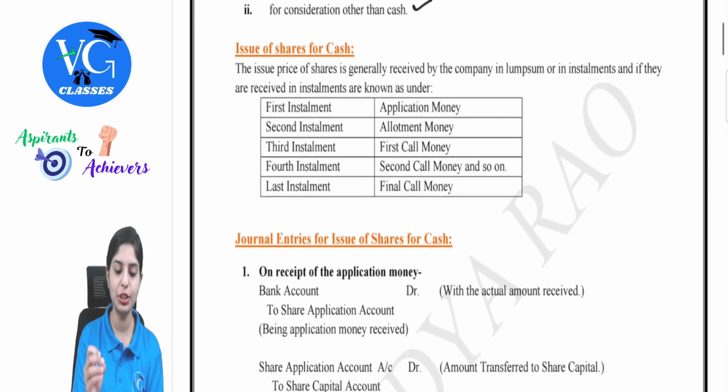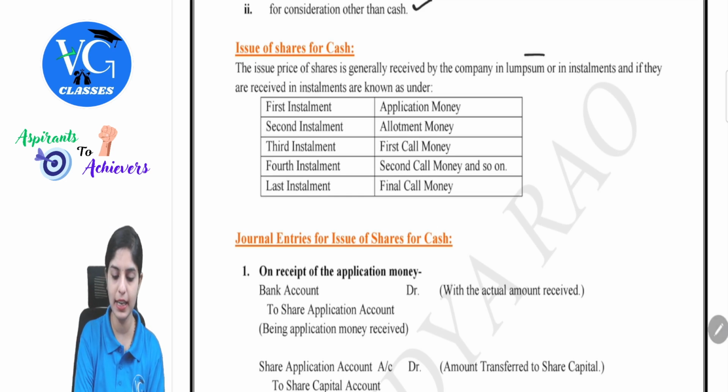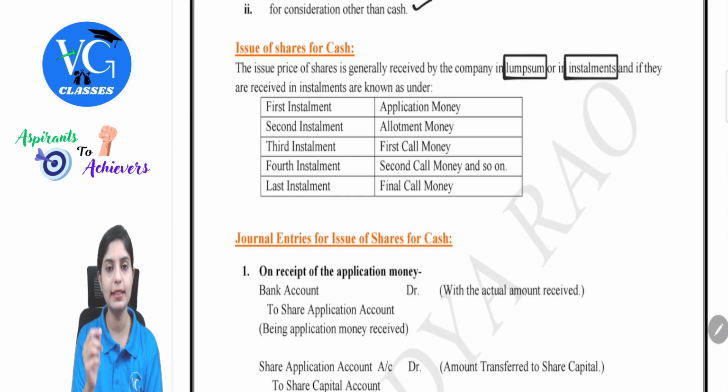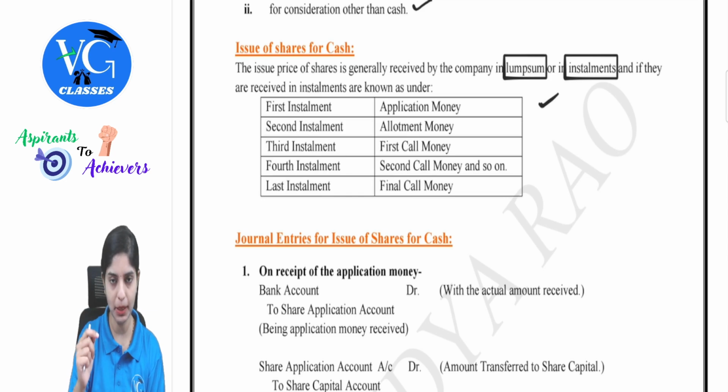The issue price of shares is generally received by the company, as I mentioned earlier, either in lump sum or in installments. If they are received in installments, in what form would it be received? The first installment will be taken as application money. This is nothing but the interest shown by the shareholder by subscribing, providing the application money.